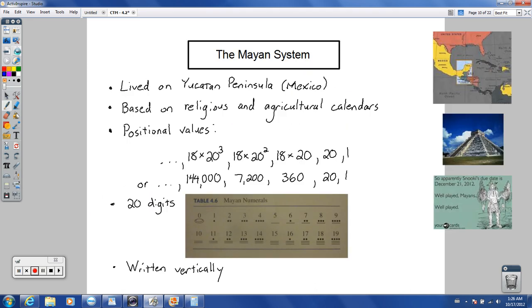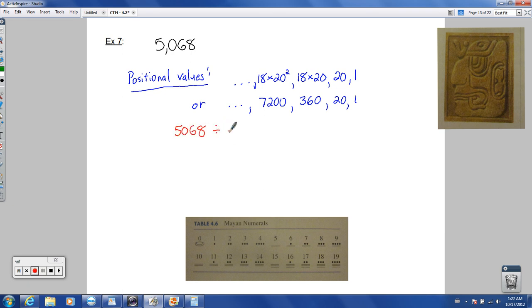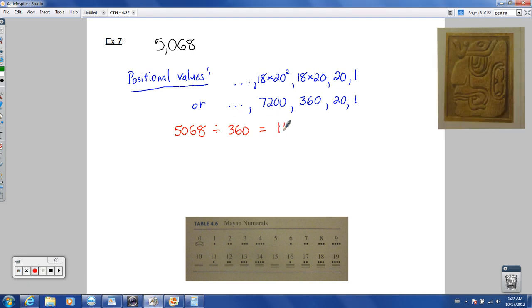I'll use the same color, so I'll go with red. So I'm going to take 5,068 and see how many groups of 360 go into that. If I work that out, I'll take my calculator back out here. 5,068 divided by 360 is 14.07 repeating. So how many whole groups go into there?